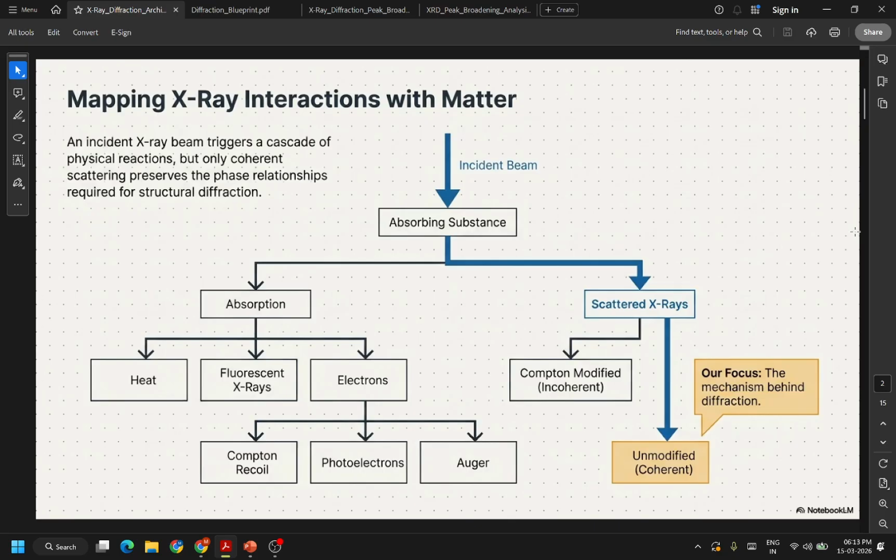Or there will be scattering of X-rays, which is generally of two ways: Compton method, which results in incoherent X-ray scattering, where the X-rays fall onto the electrons, and the electron to electron interaction creates scattering. So that is an incoherent method.